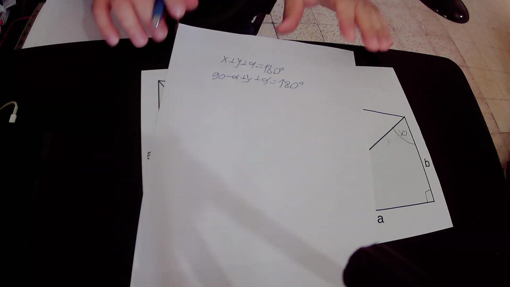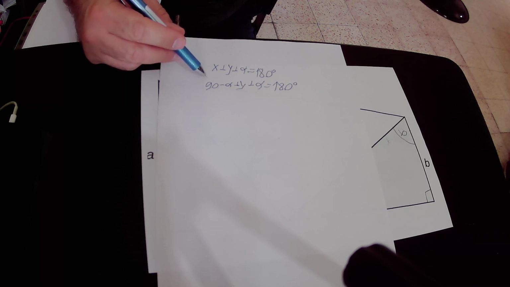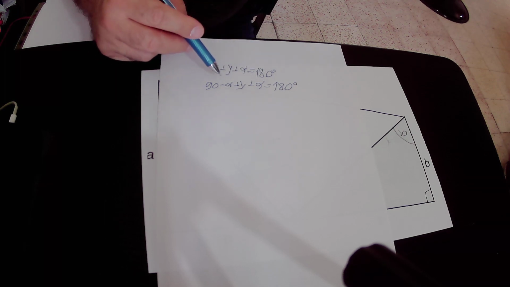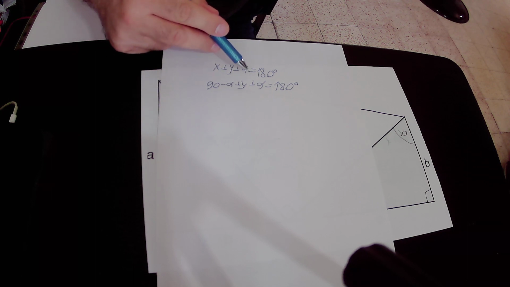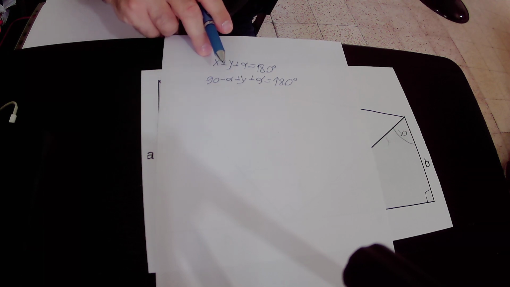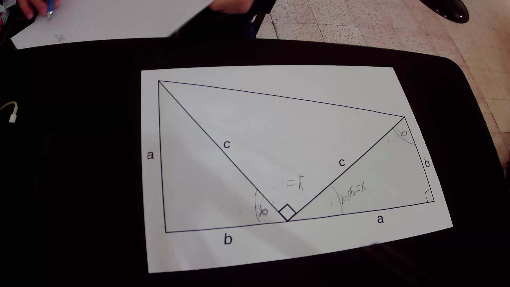Here we substituted x by 90 minus alpha, and in this equation we have alpha minus alpha plus alpha equals 0. So in this way we can eliminate alpha from the equation.